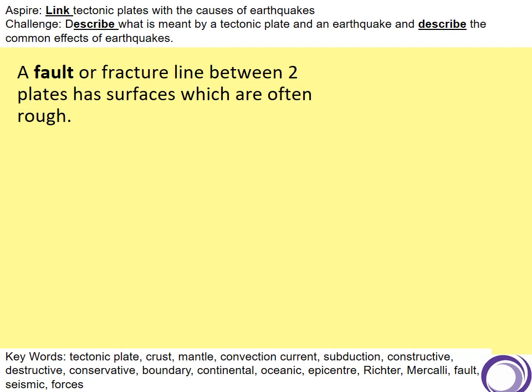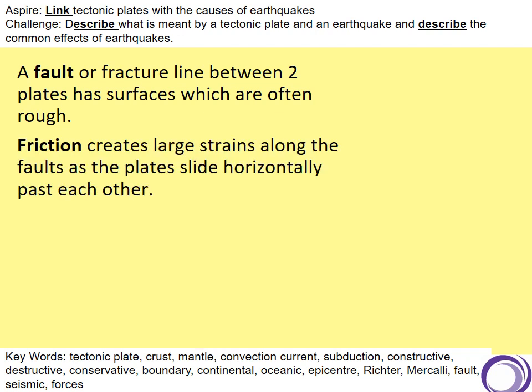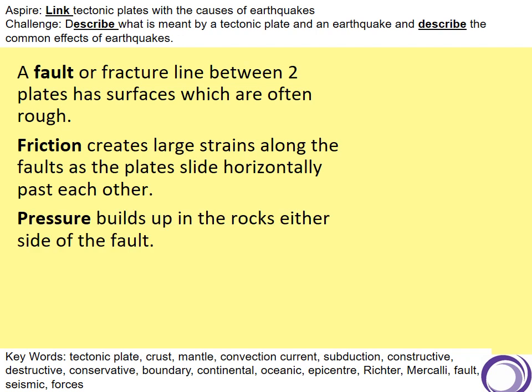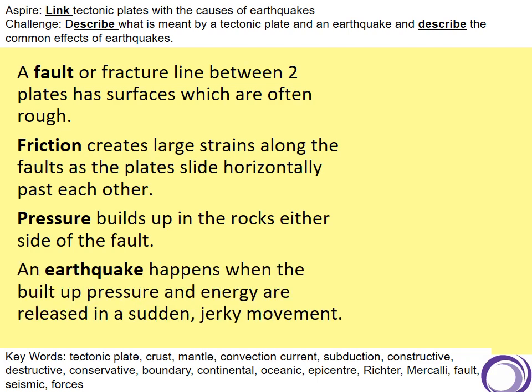So that fracture line between the two faults tends to have very rough surfaces as the plates are trying to move past each other. As you know, where you move two rough surfaces together, it creates the force of friction. And this is creating large strains along those faults as the plates slide horizontally past each other. This results in pressure building up in the rocks on both sides of the fault.